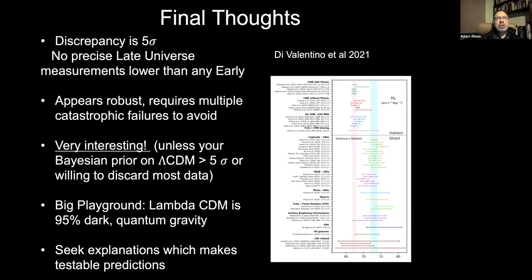Right. So S8, you could think of it as the standard deviation or variance of the density of matter on the 8 megaparsec scale. If you can imagine patches or cubes 8 megaparsecs across, it's the statistical variation in the matter density in those different cubes.